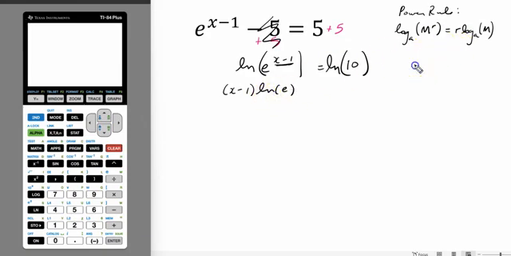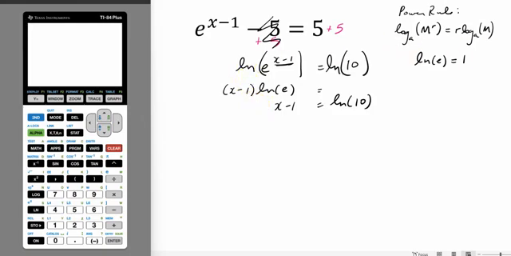And everyone should know this if you're taking a course. The natural logarithm of e is just the number 1. So this is x minus 1 times 1. Now it's time to solve it.